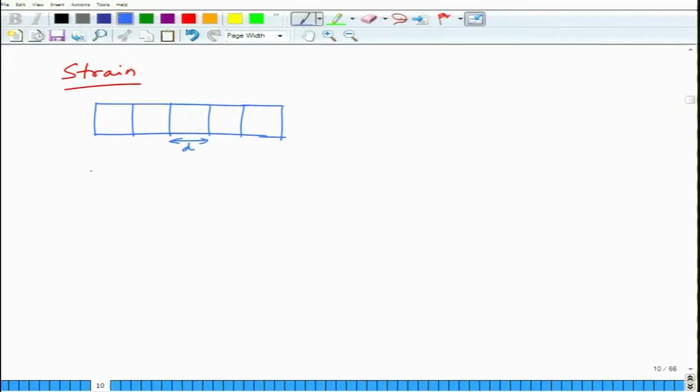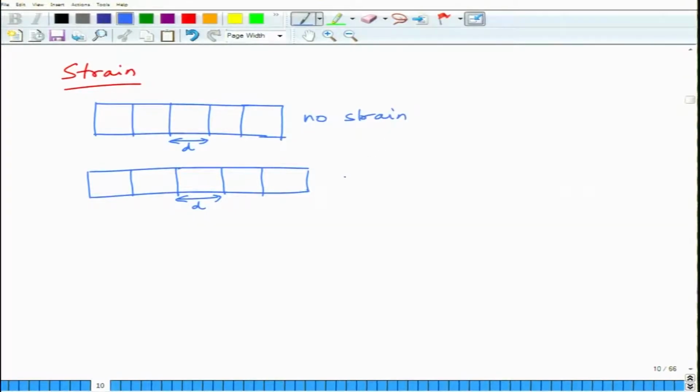If the crystal has a uniform strain, let us say where the D has increased a little bit. So this is your D1. So this is no strain, this is uniform strain, so this is, let us say, D1, and D1 is greater than D, and correspondingly you have a strain which is D1 minus D naught divided by D naught, okay.